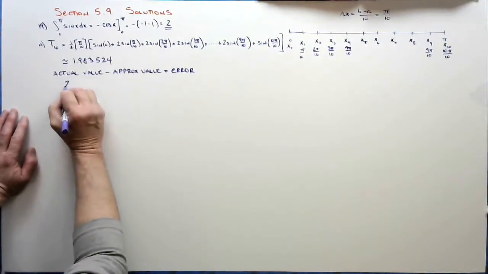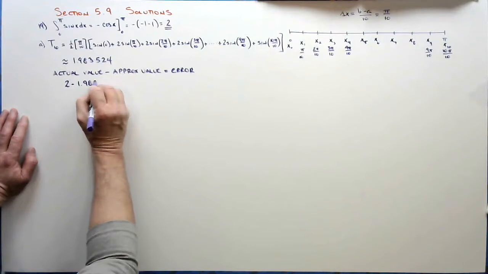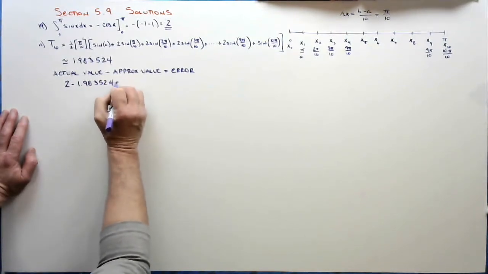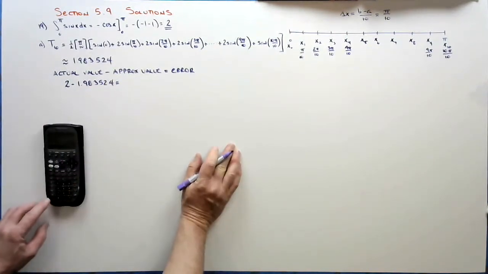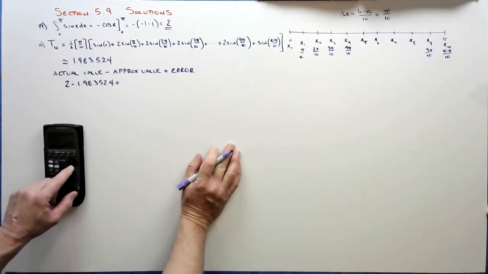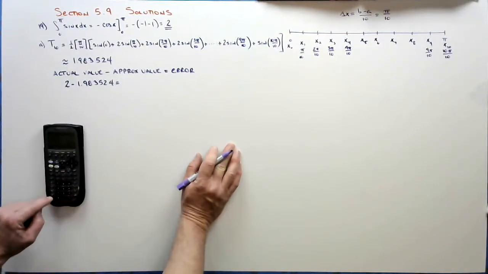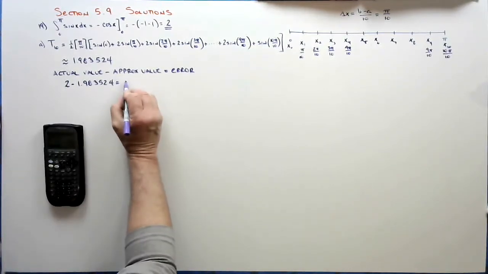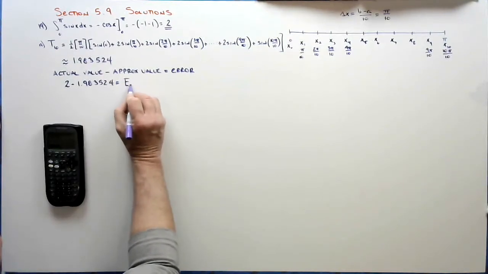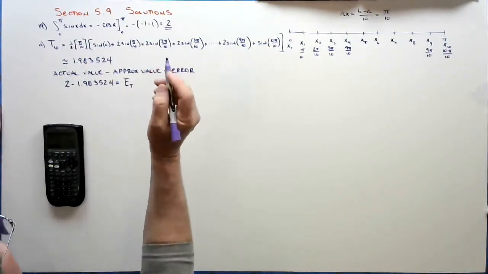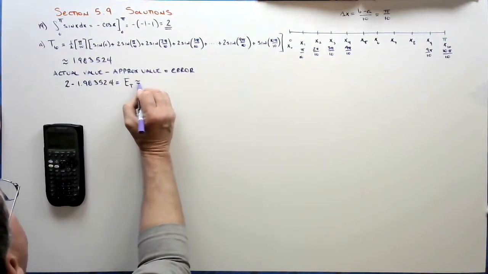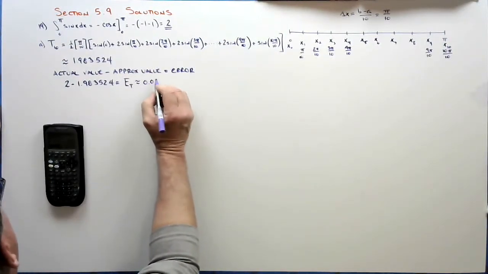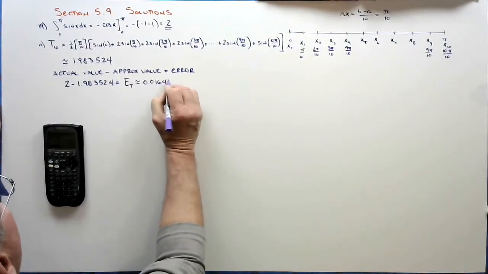So for us, that would be the actual value of 2 minus 1.983524, and that's going to equal, for our error, which we'll call E sub t, our actual error to 6 decimal place accuracy, of course. So it's approximately 0.016476.